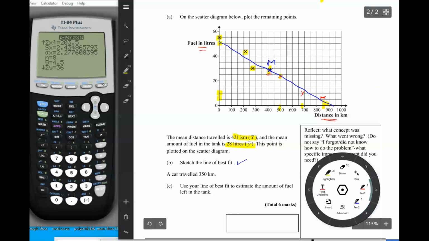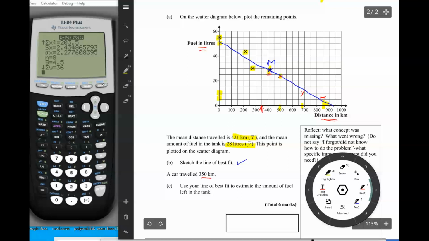They say a car traveled 350 kilometers. Use your line of best fit to estimate the amount of fuel left in the tank. So 350 kilometers corresponds to this distance here.